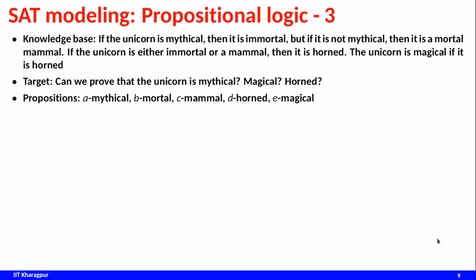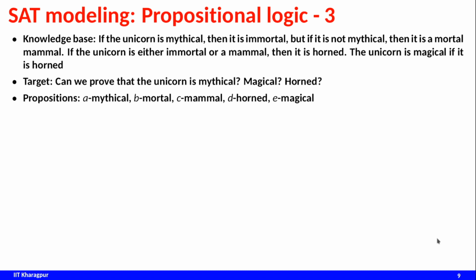If the unicorn is either immortal or a mammal, then it is horned. The unicorn is magical if it is horned. So this is the knowledge base, and the target is, can we prove that the unicorn is mythical, magical, horned? So individually we would like to prove this one.